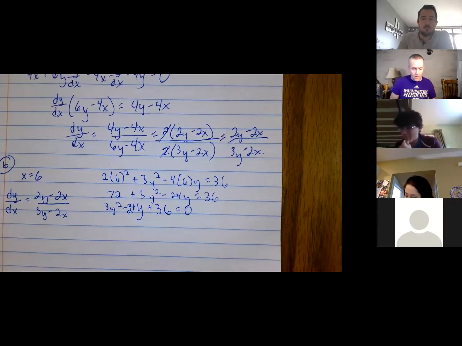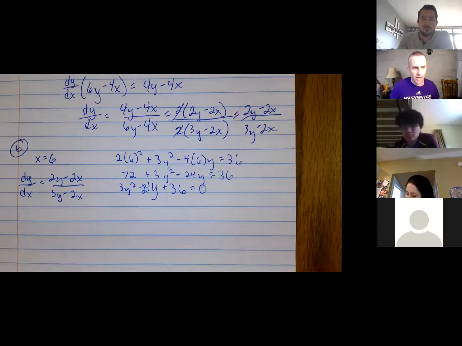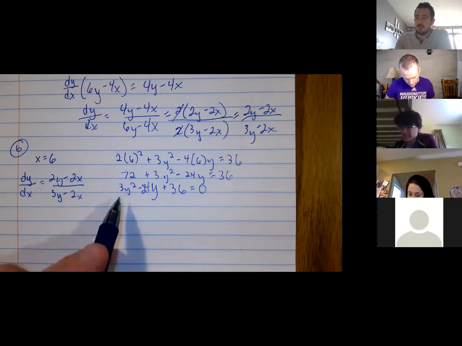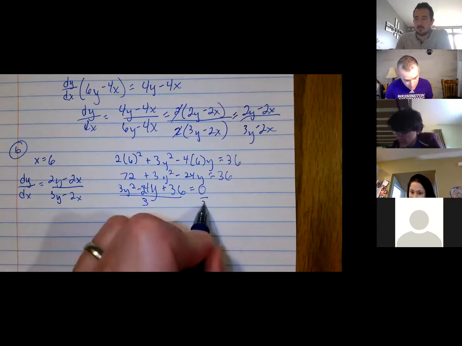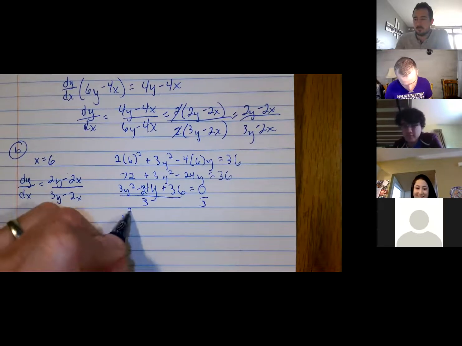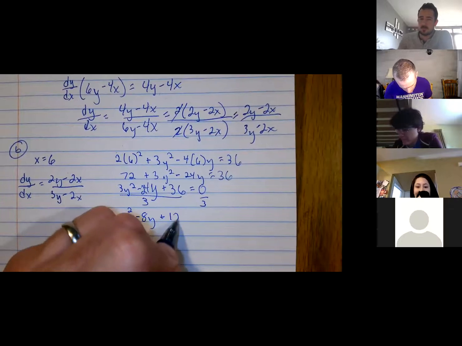This is a quadratic equation. It was amazing to me how many people forgot how to solve a quadratic equation. The numbers look annoying, but if you divide by 3, you can make this much easier: y squared minus 8y plus 12 equals 0.